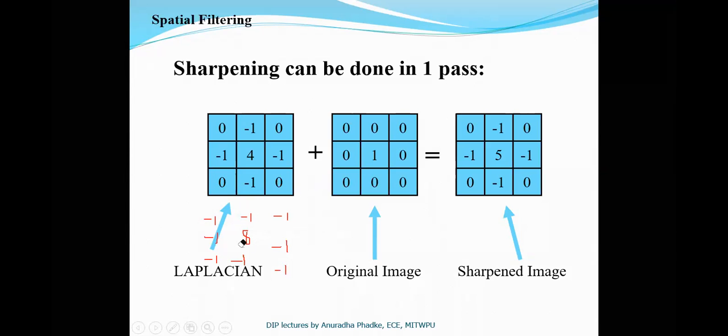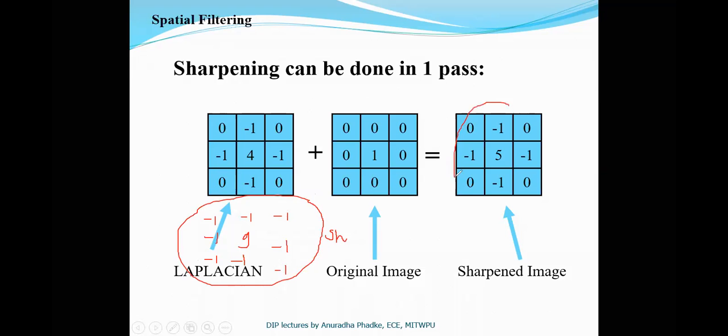Okay. So here we can get central coefficient value as 9. So this is another version of Laplacian mask, which is useful for image sharpening. Okay. For image sharpening.